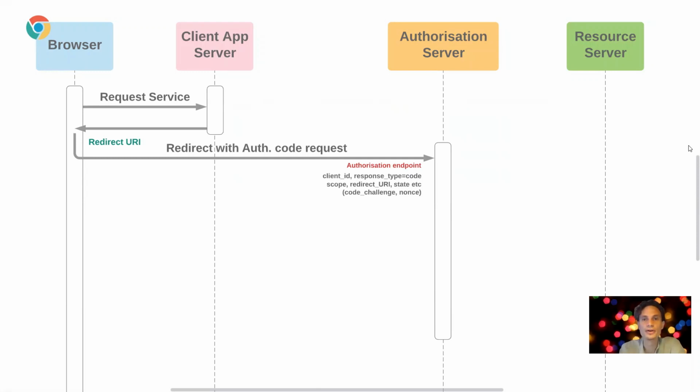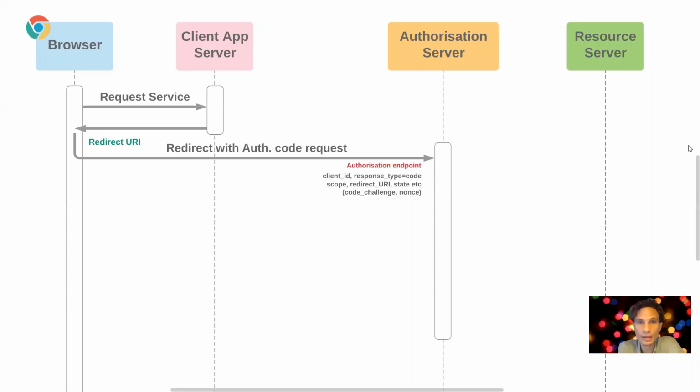The client ID represents the unique ID of the client application in the auth server. The response type is set to code to indicate that we want an authorization code back rather than a token. The scope is set to the scopes that are required for the integration that's planned between the client app server and resource server.